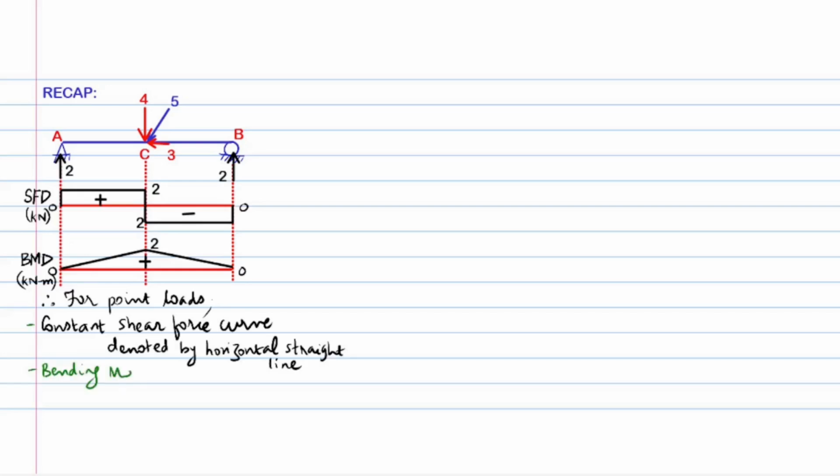The bending moment curve, however, is a straight inclined line denoting a linear change of the values in between the point loads. We can hence say that the shear force at a distance x from the reference is a function of x of power 0, denoting constant values or horizontal line as the locus in the diagram. The bending moment at a distance x is a function of x of power 1, denoting linear variation.